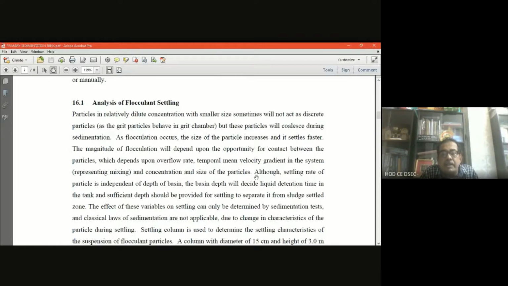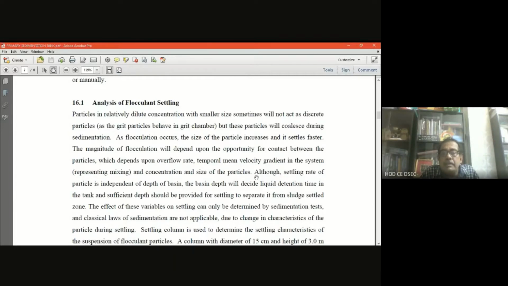Flocculation occurs, rather, because the size of the particles, the flocs, increases as they settle faster. The magnitude of flocculation will depend upon the opportunity for contact between the particles, which depends on the overflow rate and the mean velocity gradient in the system.